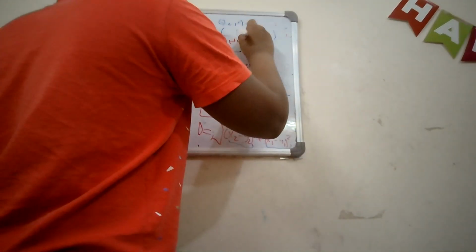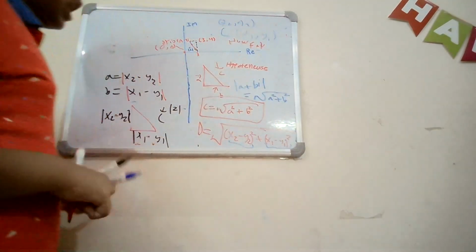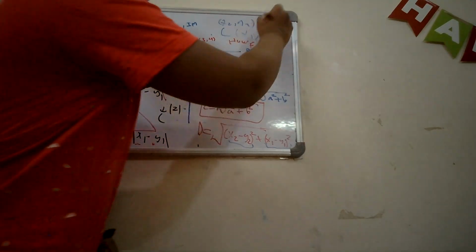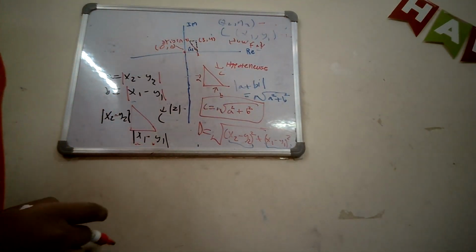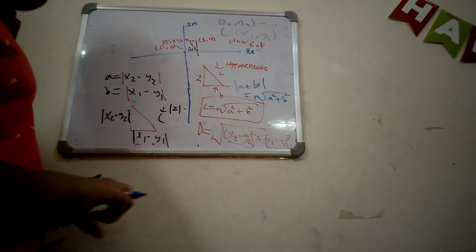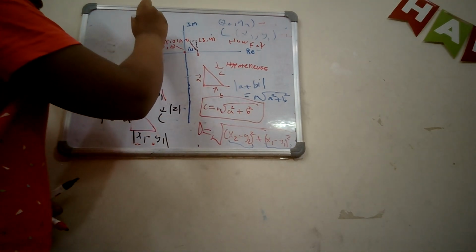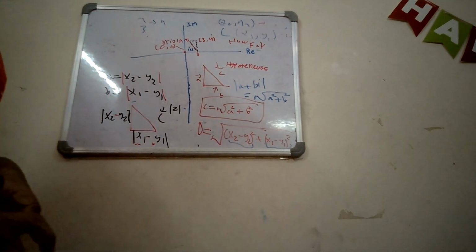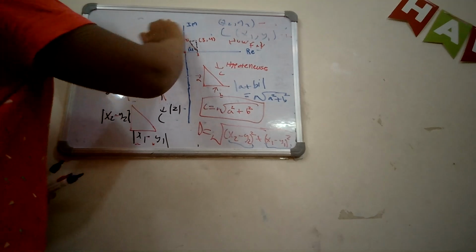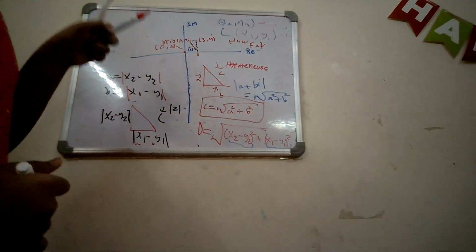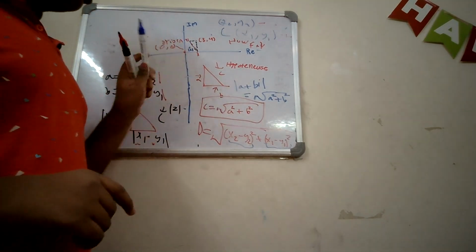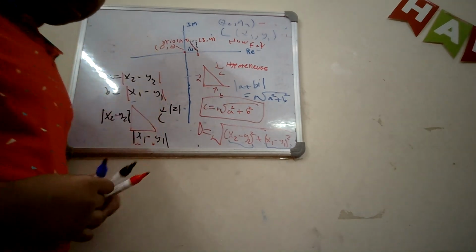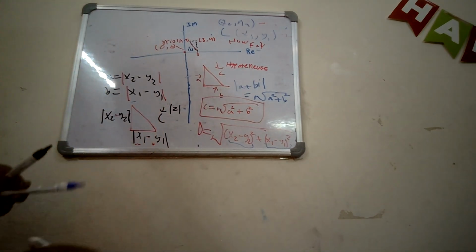So we have to find how far this point is from this point. Now we have to use the same logic. If I say how far is 7 from 3, we'll say 4. Exactly the same way, when we're finding how far 2 points are from each other, we are going to subtract.